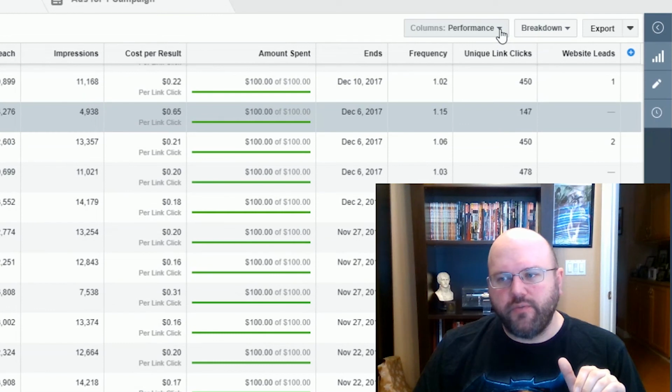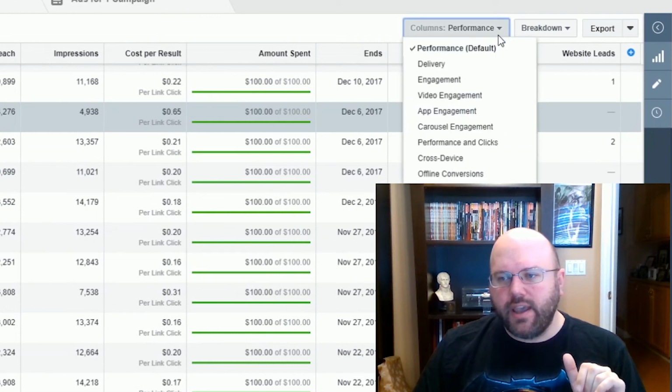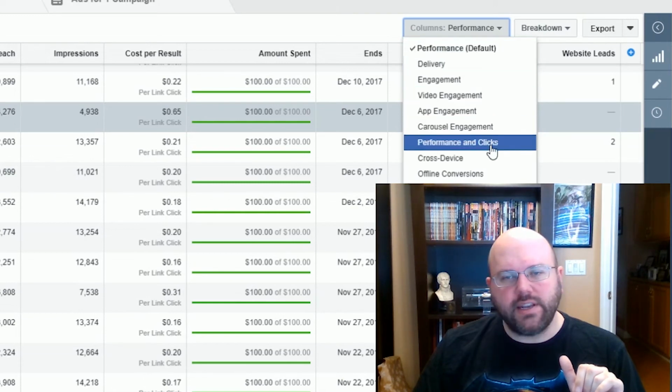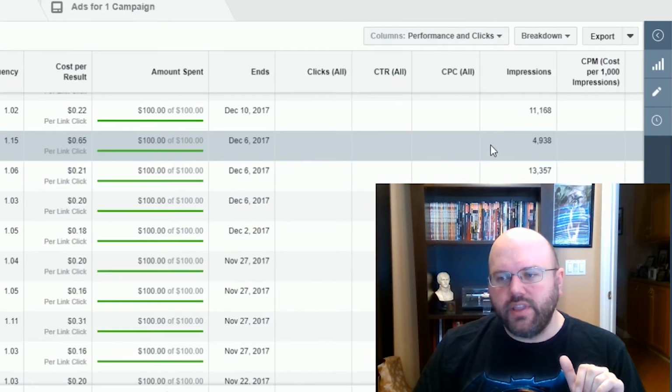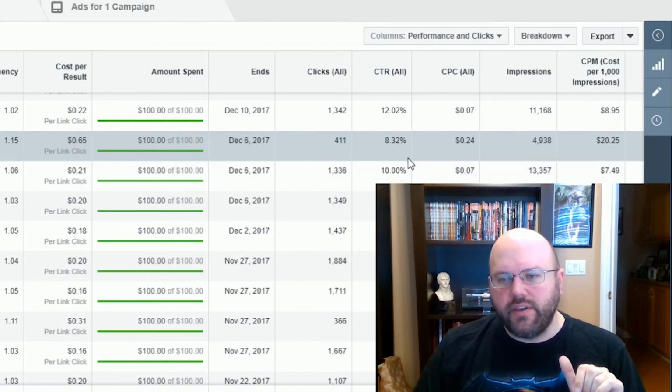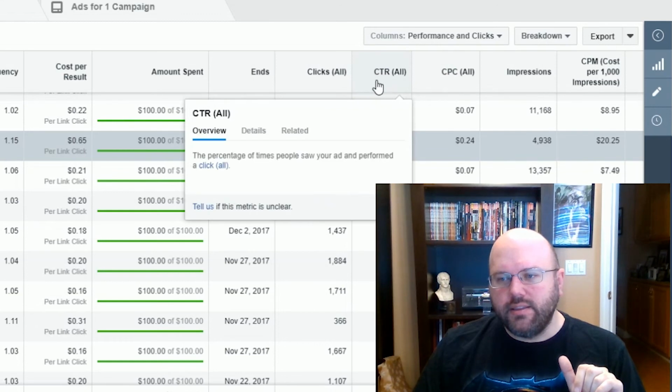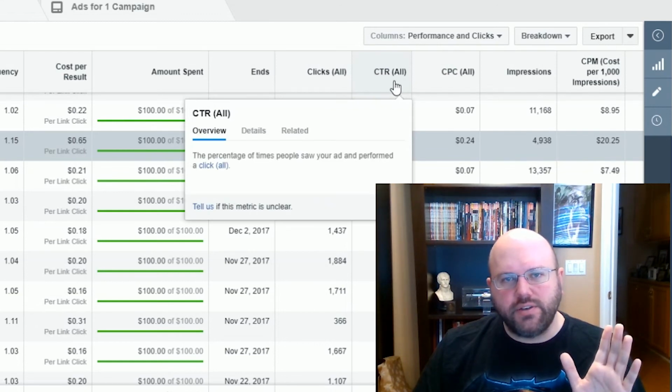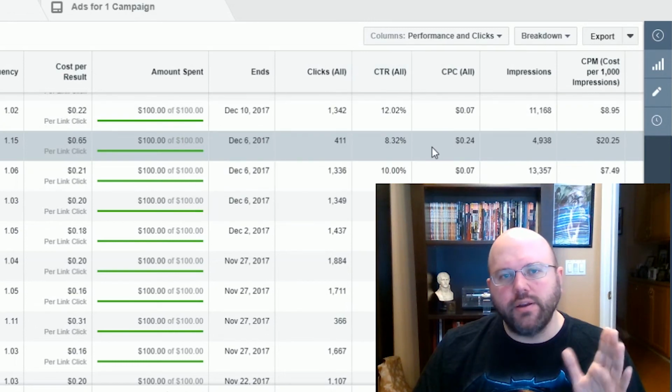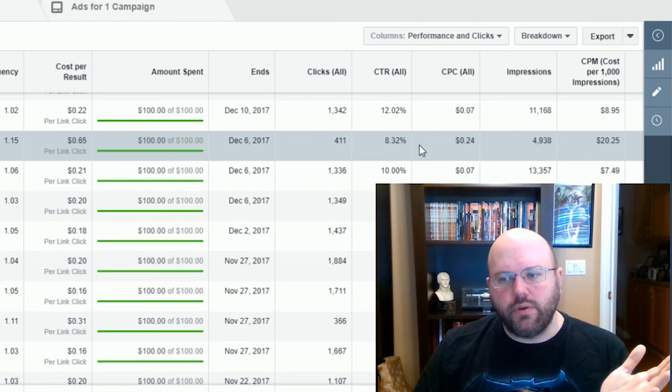If we go to the performance drop-down menu, the columns drop-down menu, right now performance is selected by default, but if we go down to performance and clicks and choose that, Facebook is going to give us a whole lot more data. And if you look right here, it gives us the CTR. So you don't have to sit around and try to manually do math to figure out what your click-through rate is, what your cost per click is, and so on and so forth.